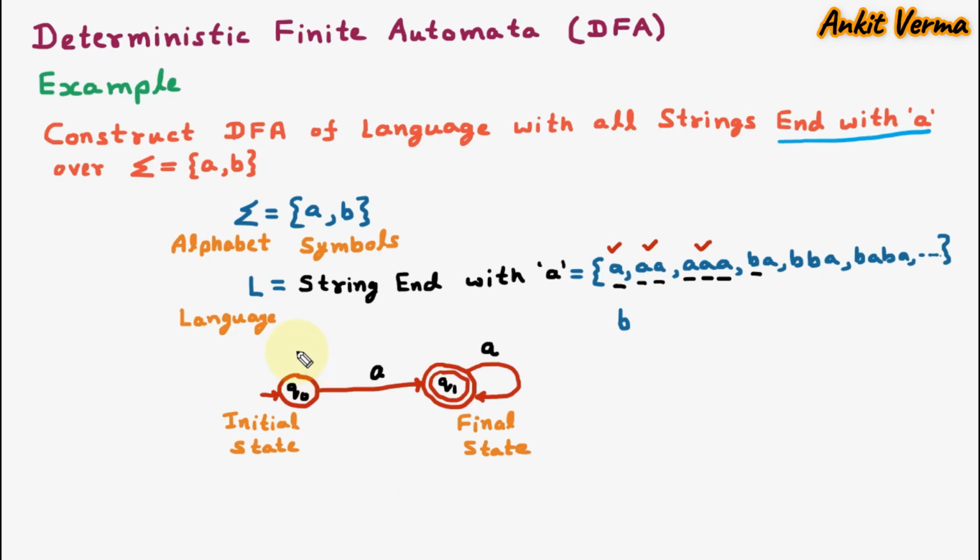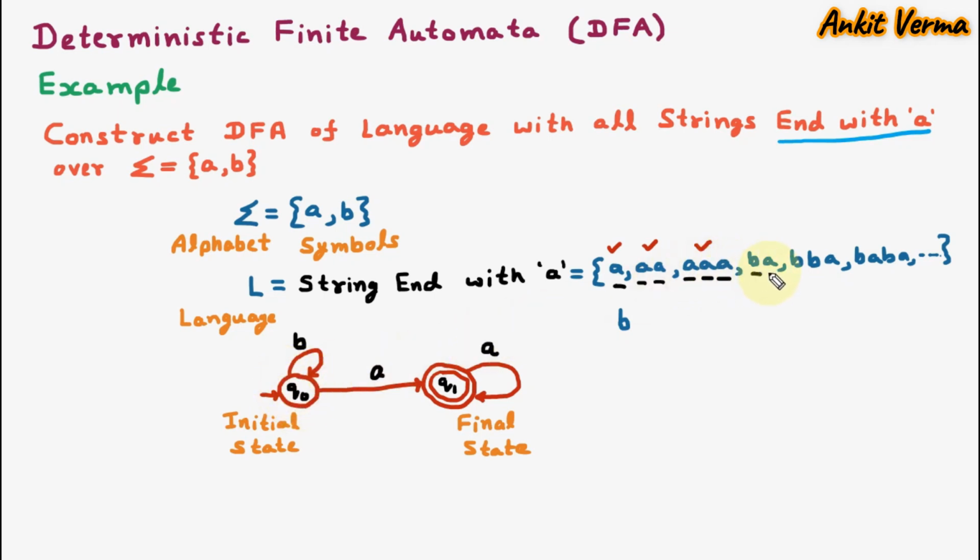There is one more possibility. When we are on Q0 and B comes, we take a self loop, meaning we come back to Q0. Here we can check. Let us suppose we have the first B. For the first B, we start from Q0 and come back to Q0, so we are on the same state.